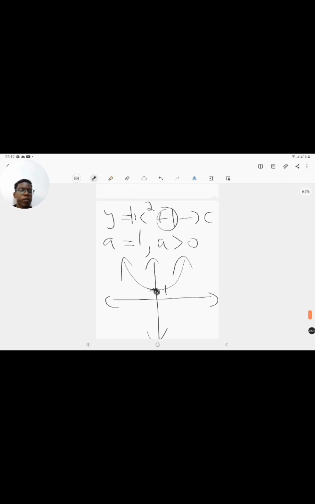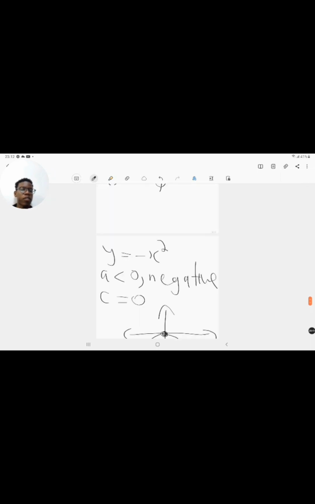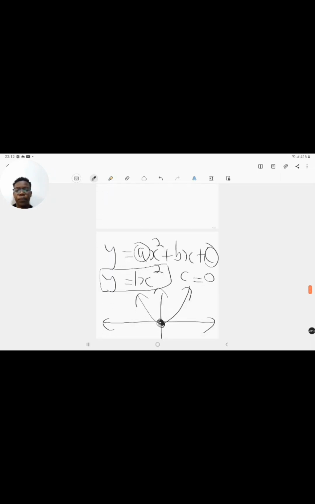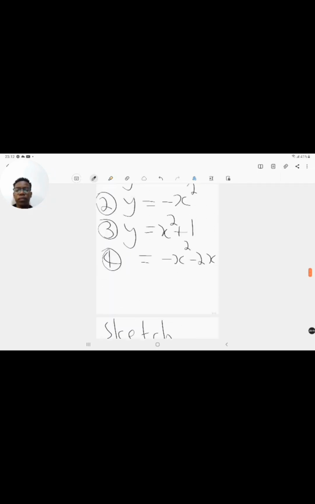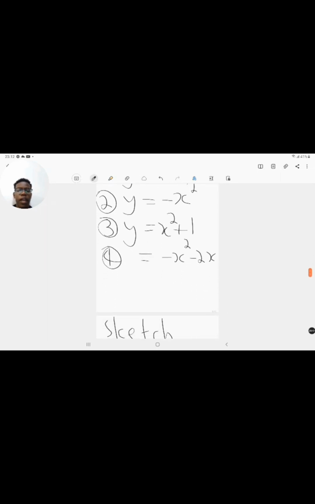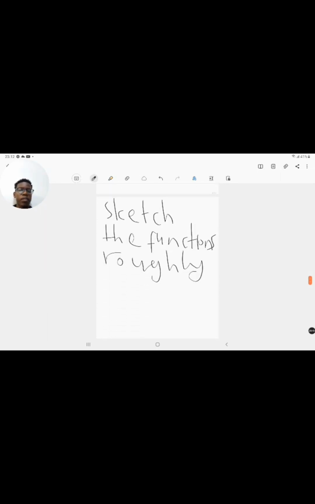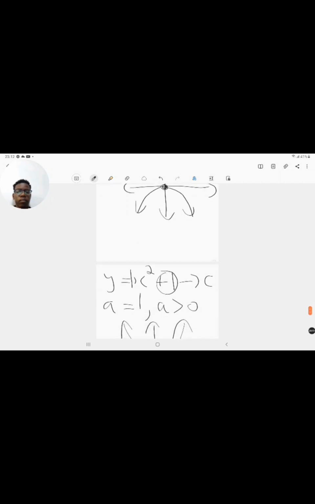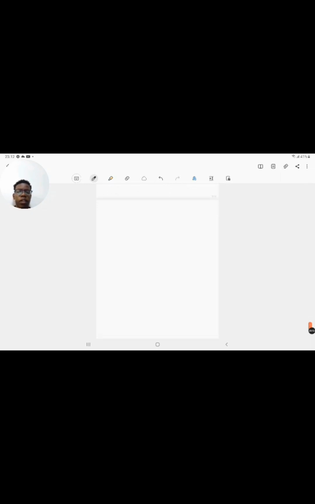Then the next simple example was y is equal to minus x squared minus 2x. So this graph here is a bit different.